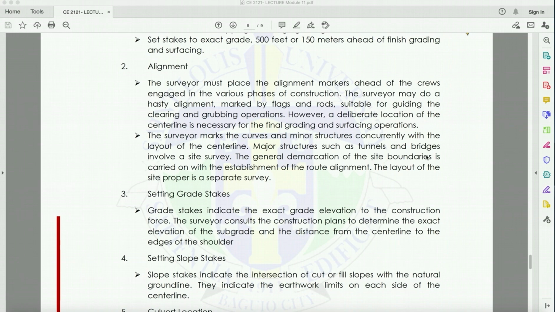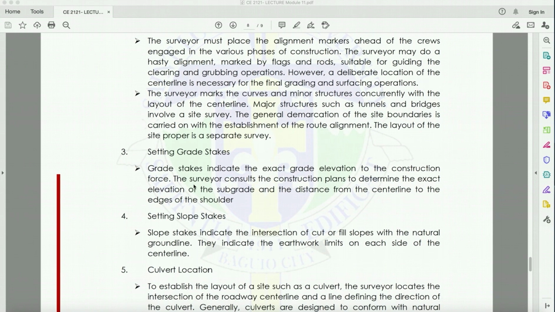Okay? Major structures such as tunnels and bridges involve a site survey. The general demarcation of the site boundaries is carried on with establishment of the route alignment. The layout of the site proper is a separate setting or survey.